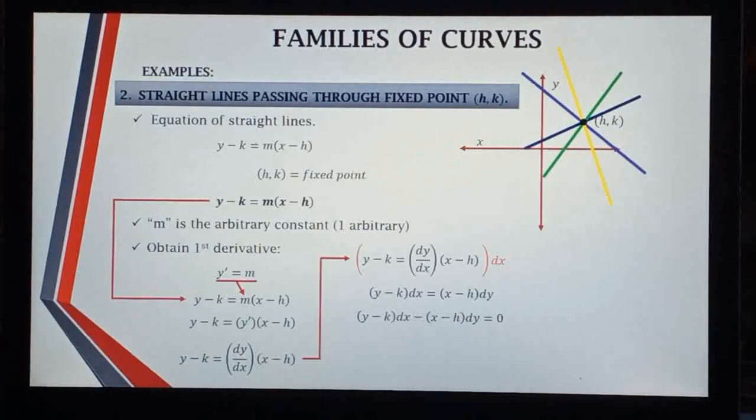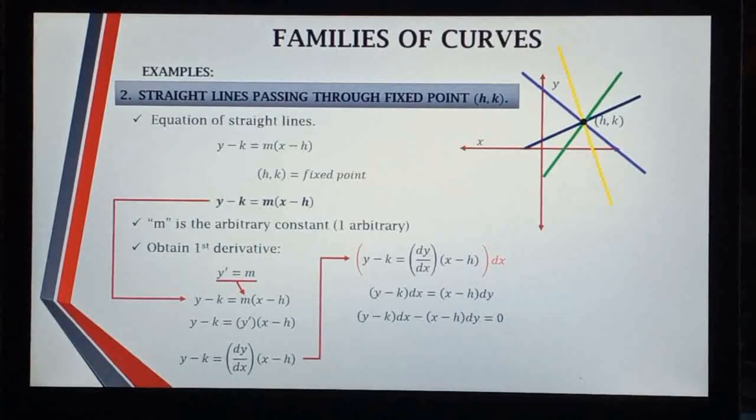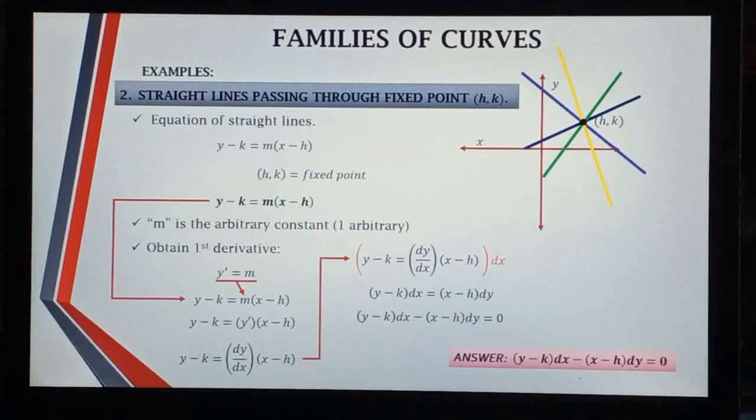So, by transposing (x minus h) dy to the other side, you will now have an equation of (y minus k) dx minus (x minus h) dy equated to 0. So, the differential equation of the straight lines passing through the fixed point, which is the h and the k, is the quantity of y minus k dx minus the quantity of x minus h dy equated to 0.